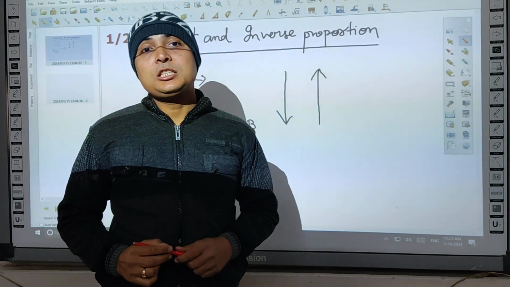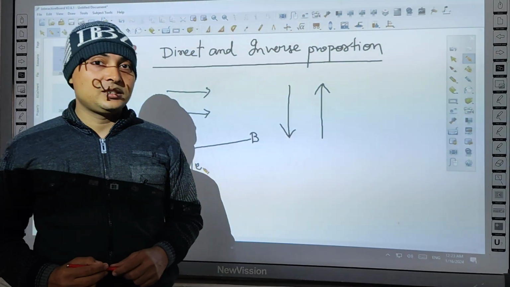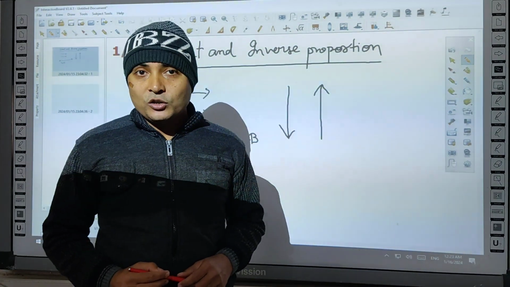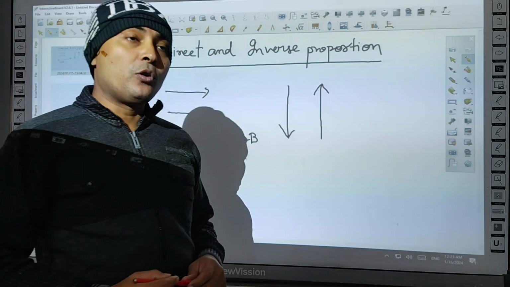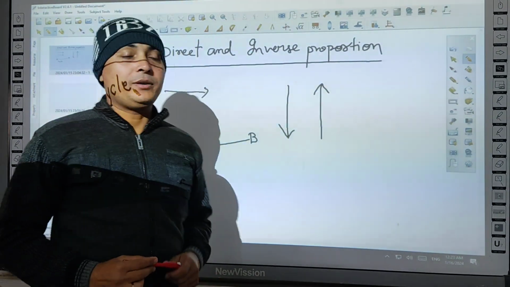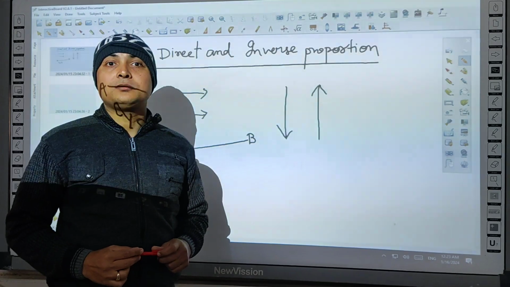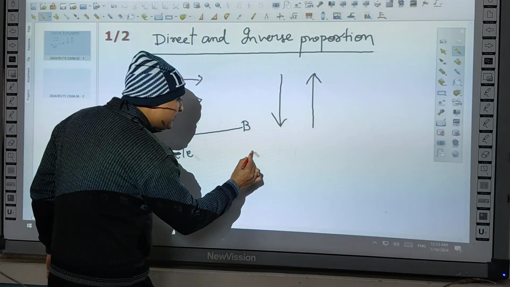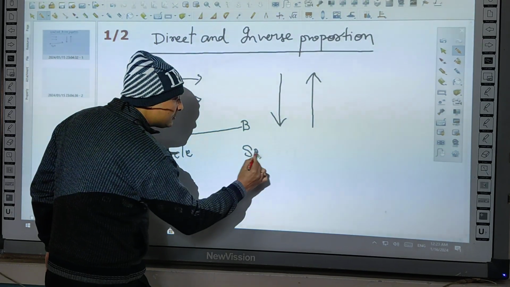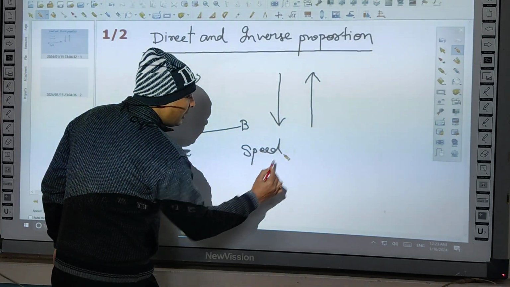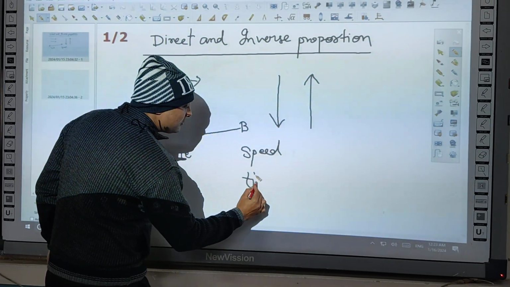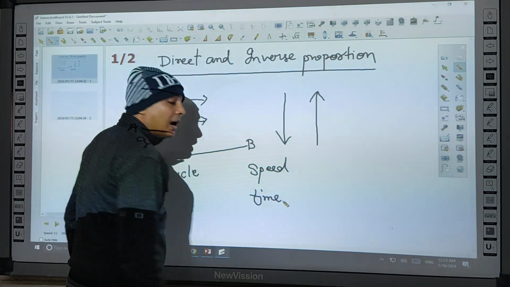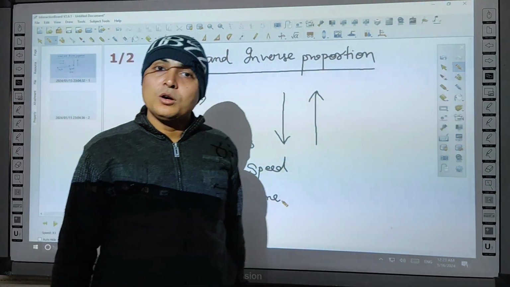And when the speed of our cycle is less, then surely it will take more time compared to the previous one. So now we can say speed and time are inversely proportional to one another.